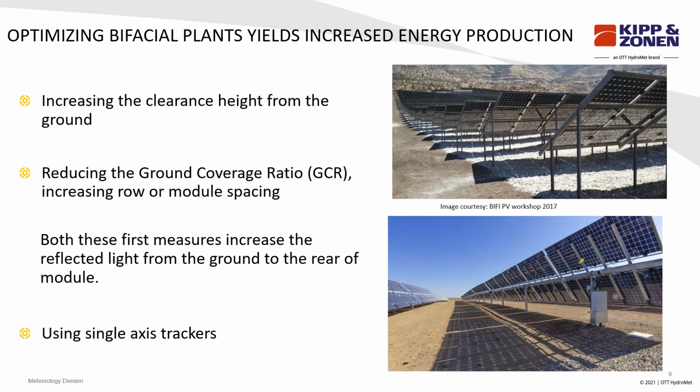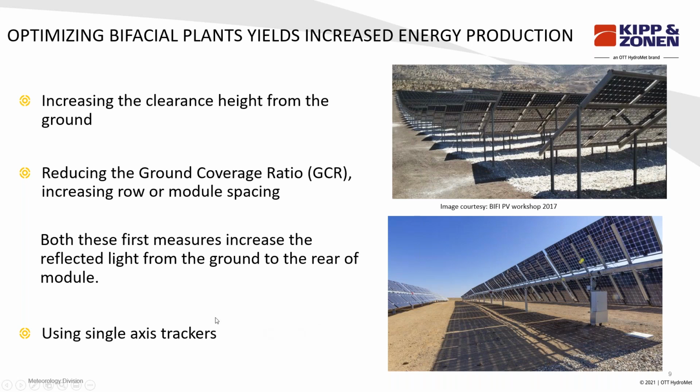If you have more spacing in between the modules, you get more light on the ground, and then also more light reflected on the rear of the modules. That's the similarity between these two things, the clearance height and the ground coverage ratio. If you enhance that, you get more light on the rear of the module.